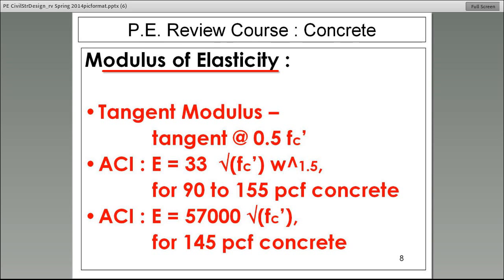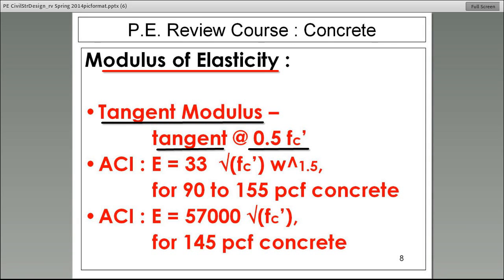However, for design purposes, ACI, again, American Concrete Institute, specify and use the kind of modulus that I showed to you that's called tangent modulus. They actually just use one in the design equations, and that is the slope of the tangent line drawn to the stress strain curve at the point where the stress is 0.5 F prime C. And again, F prime C is the design compressive strength.